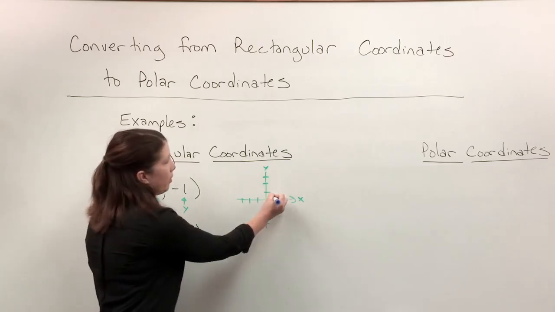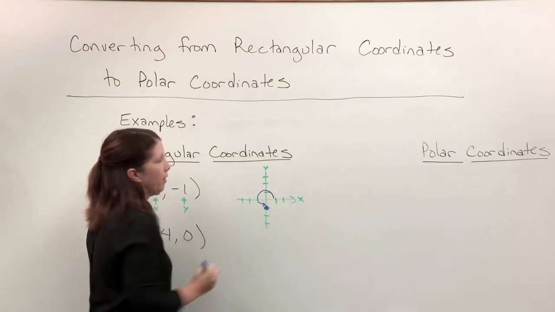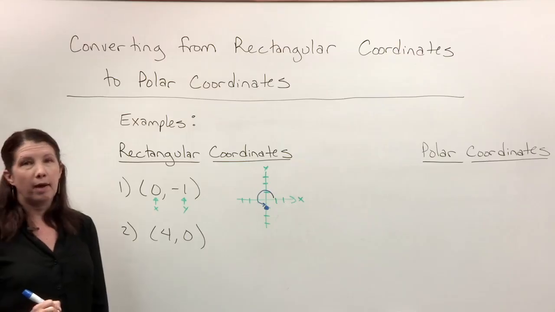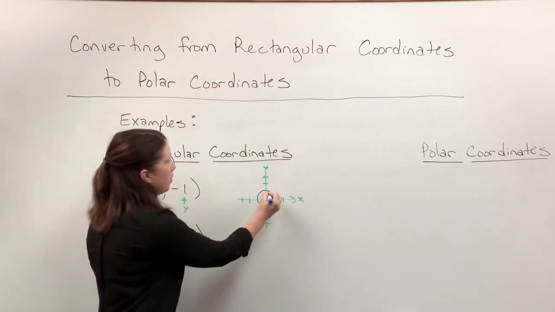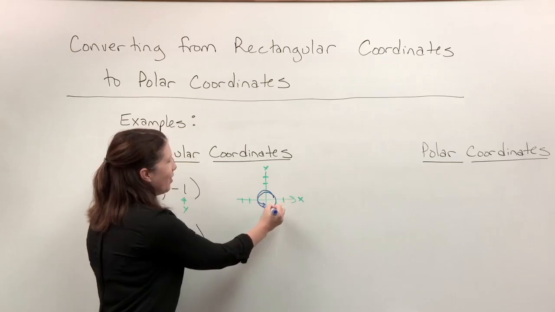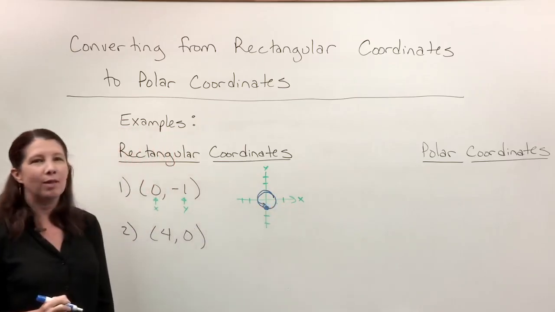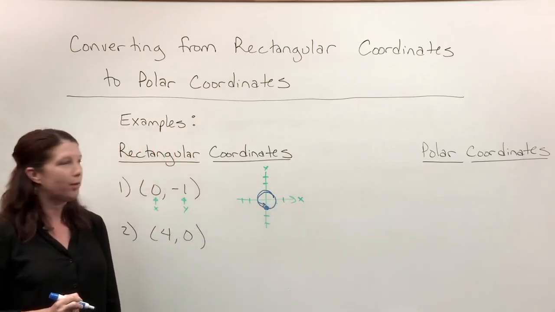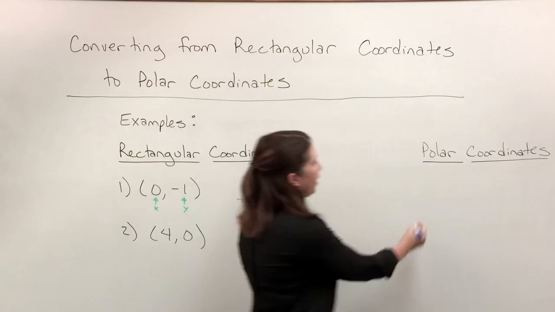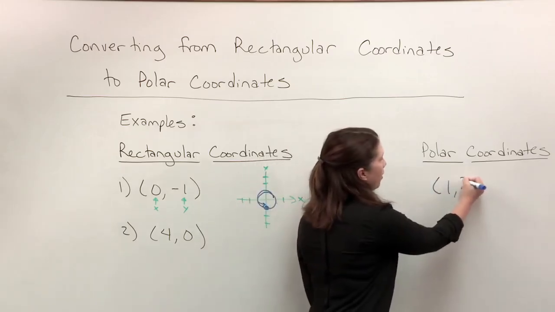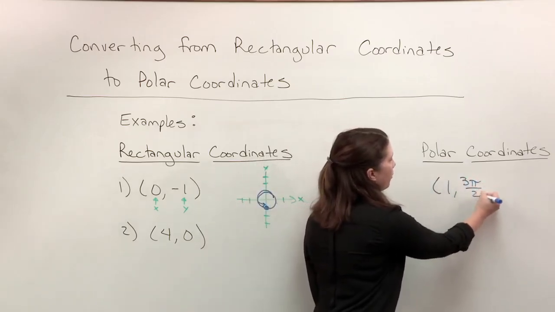If I start at 0 and rotate in the positive or counterclockwise direction, theta is 3 pi over 2. Now if you think about our polar plane with the concentric circles, it would lie on a circle with a radius of 1 unit. So our polar coordinate would be 1, 3 pi over 2.